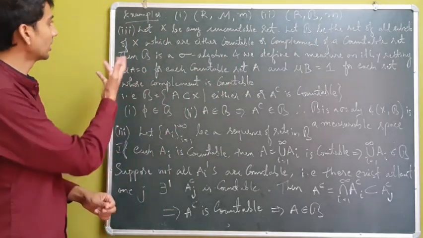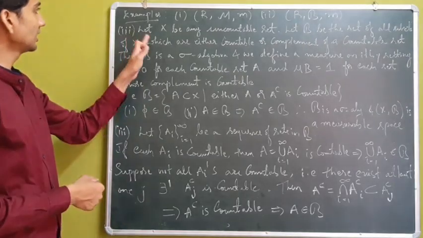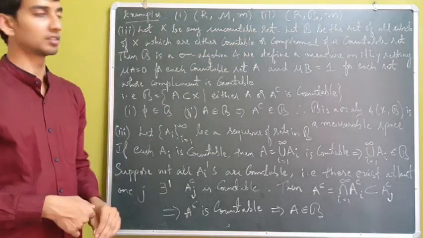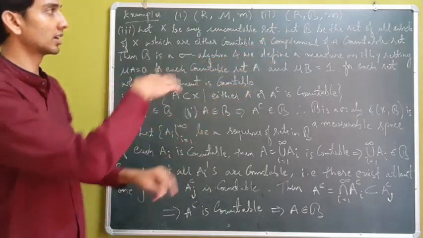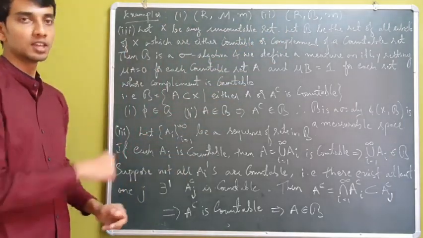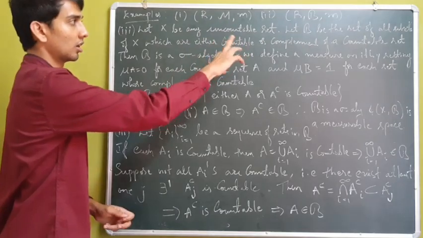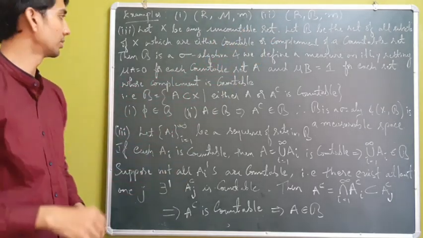Finally, we have an example. I am taking X to be an uncountable set and B to be the set of all subsets of X which are either countable or the complement of a countable set.